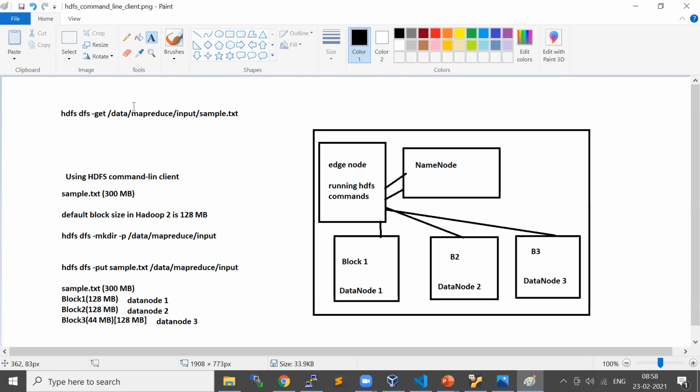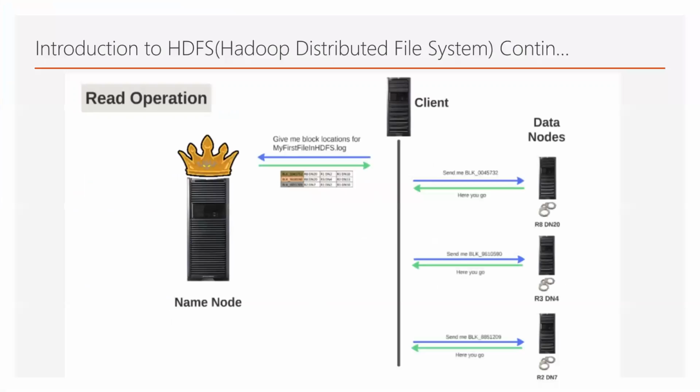So when you run this command, hdfs dfs -get, and give the entire path of your file, the name node has the block information for your file. It instructs the HDFS client, giving the blocks with the locations where it has to read.